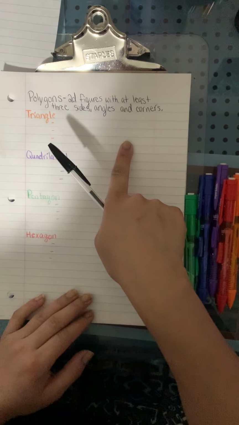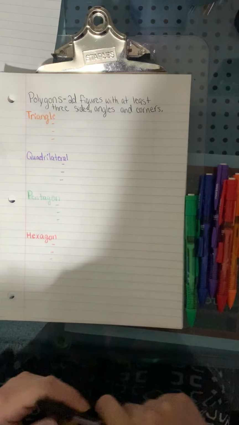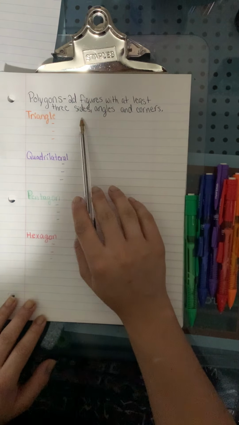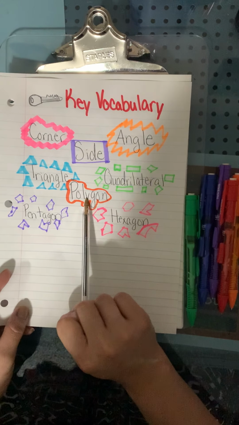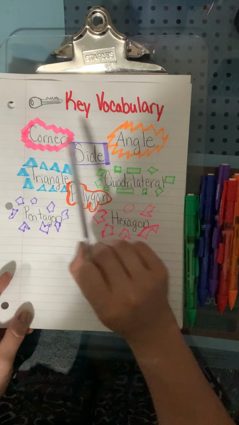Okay, this is the definition for a polygon. It's 2D figures with at least 3 sides, angles, and corners. Okay, so again, we're talking about polygons, and all polygons have sides, angles, and corners.